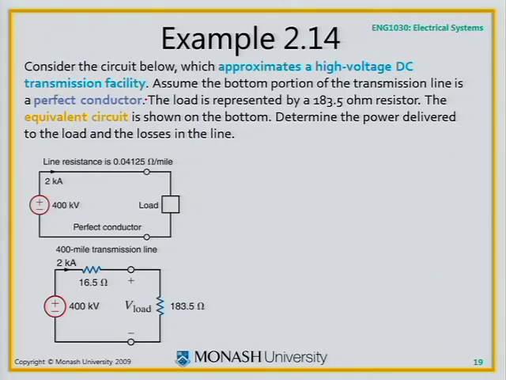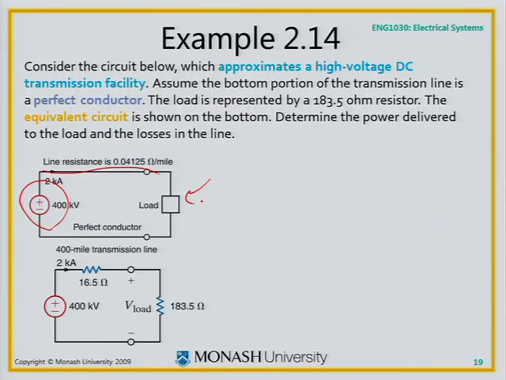Okay, so let's approximate a circuit model. We're generating power somewhere and we're going to send it a long way over transmission lines to a load, something that's using the power that we're generating. Here's our big high power generator, sent over a line, used up in the load.